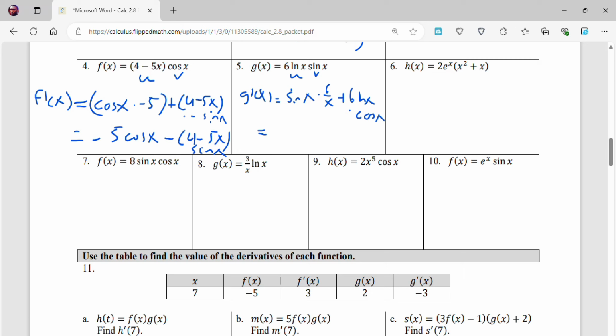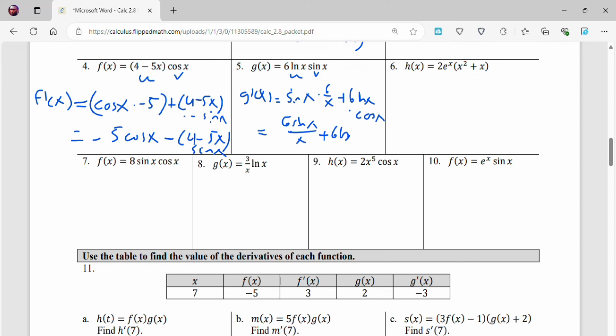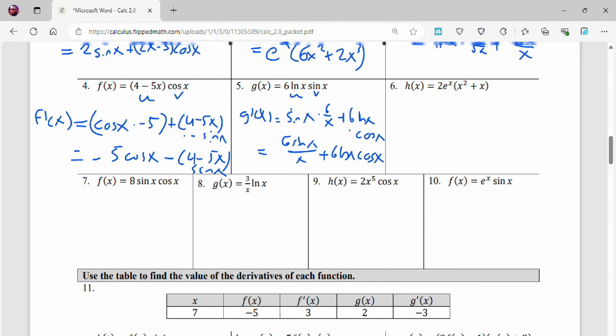And so we get 6 sine x over x plus 6 ln x cosine x. Okay, next one.